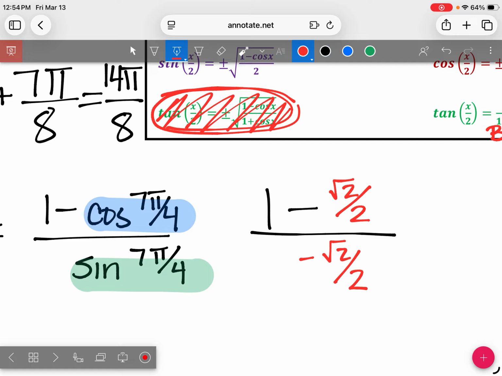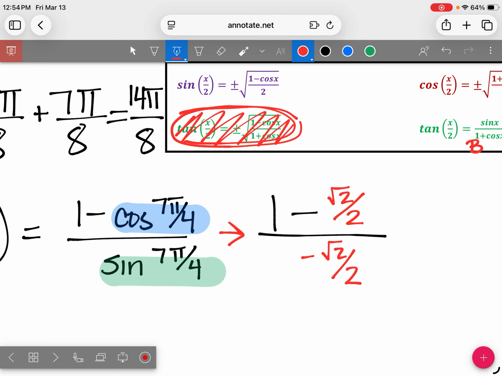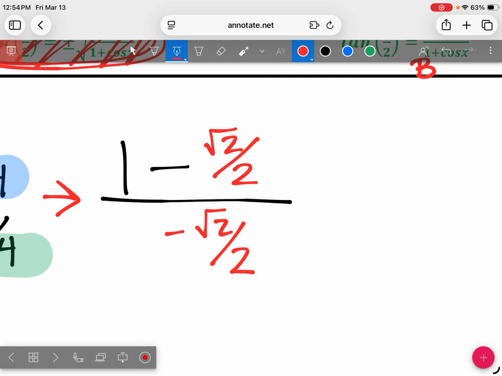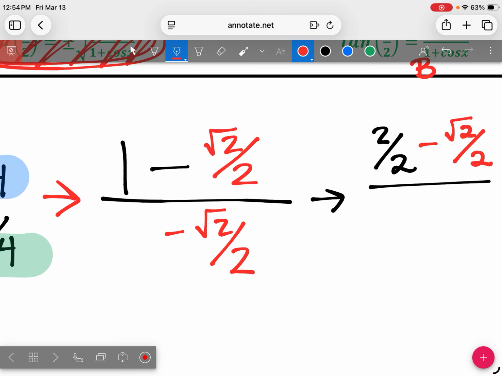Who got that? All right, so we need a common denominator. So in order to subtract root 2 over 2 from 1, I have to write that as 2 over 2 minus root 2 over 2, all over negative root 2 over 2.